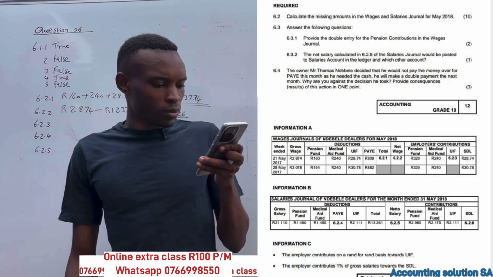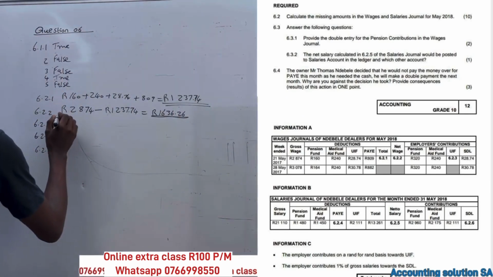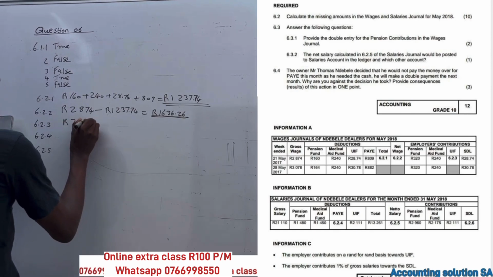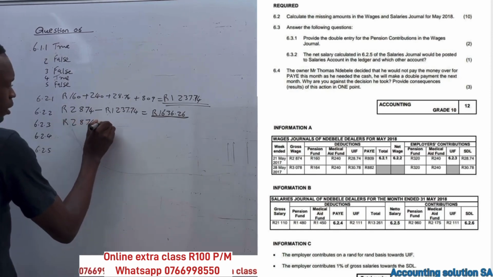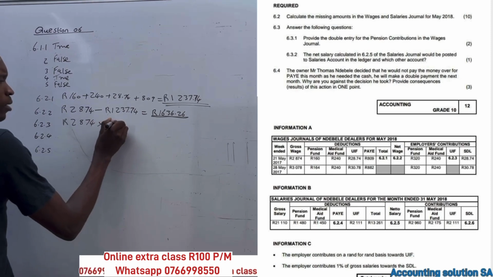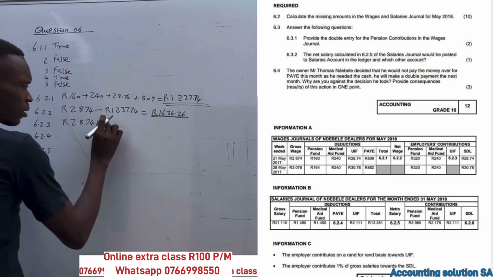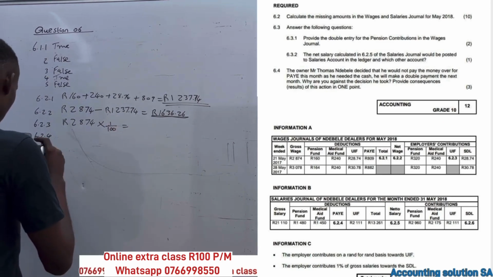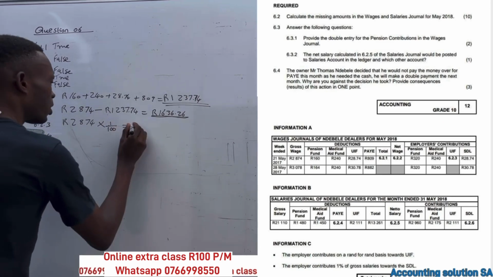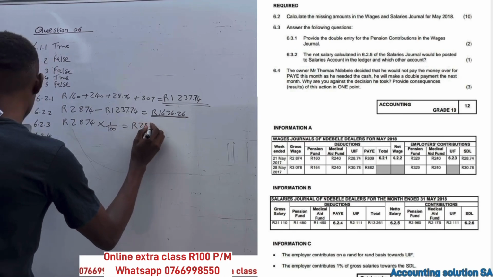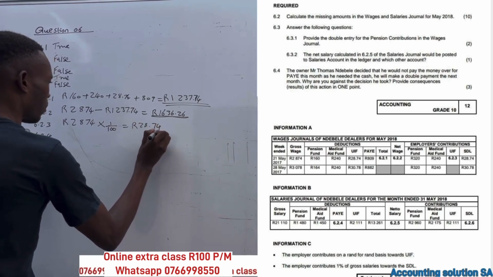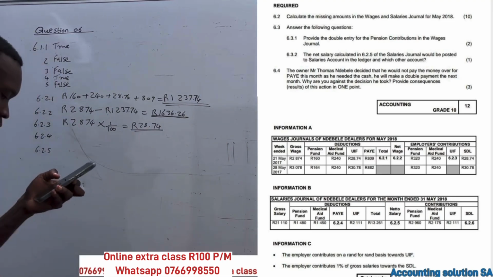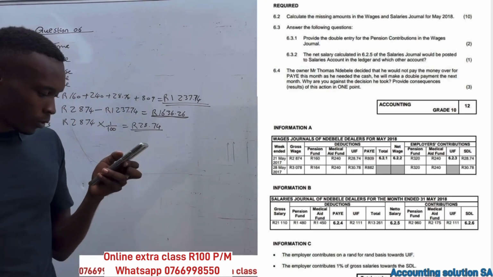The gross was the amount of 2,874. Now we have to multiply by 1/100, which is 1%. Then it will give you the amount of 28 rand and 74, just like that. Very simple.